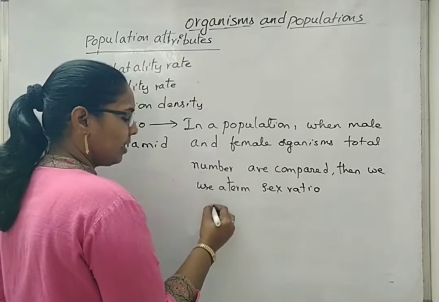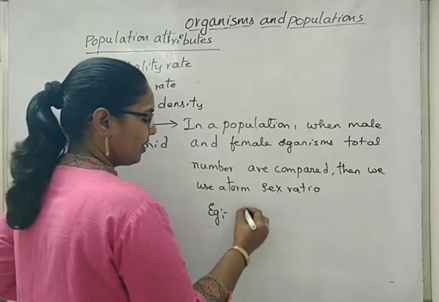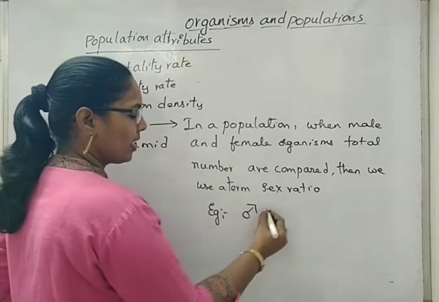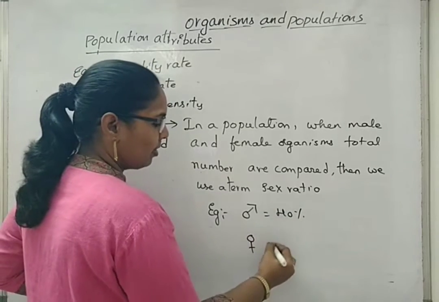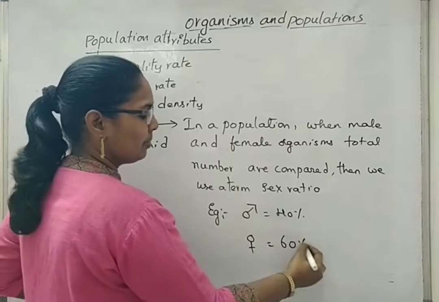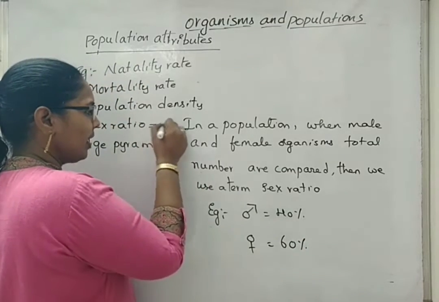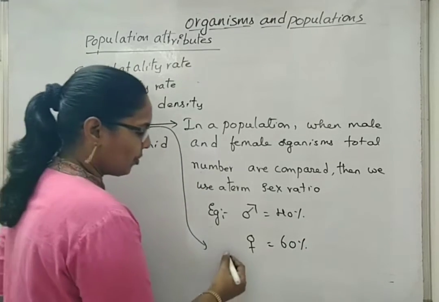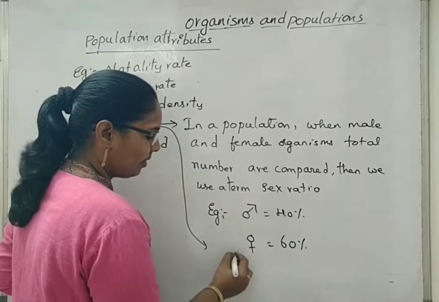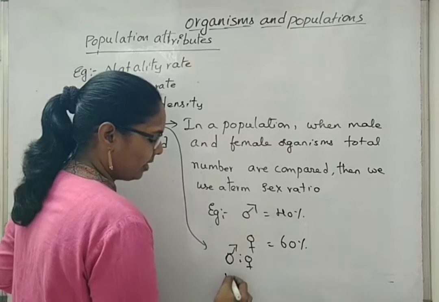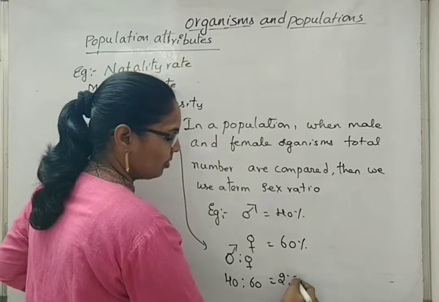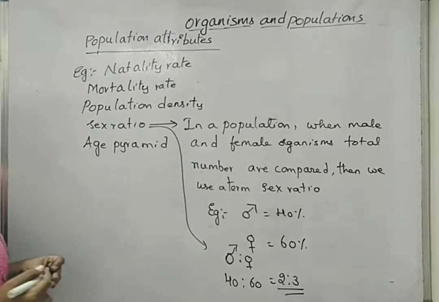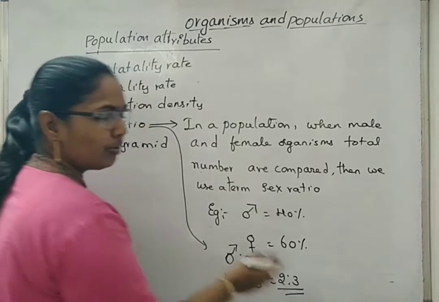For example, suppose the number of male organisms is 40% and female organisms is 60%. If we represent that in ratio form, we write male is to female, that is 40 is to 60. It can be 2 is to 3. Now we can say the sex ratio in this population is 2 is to 3.